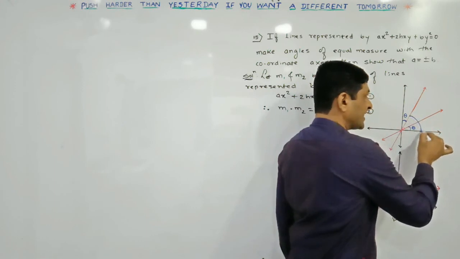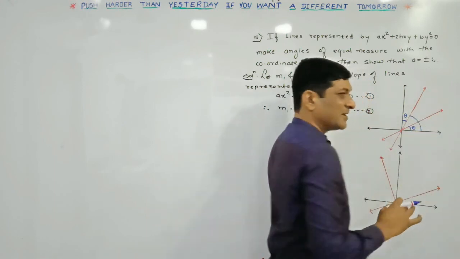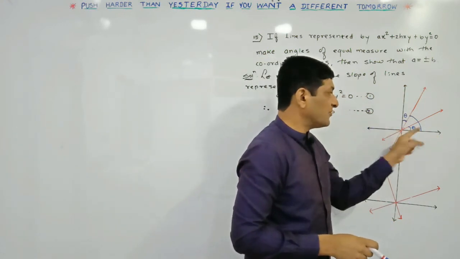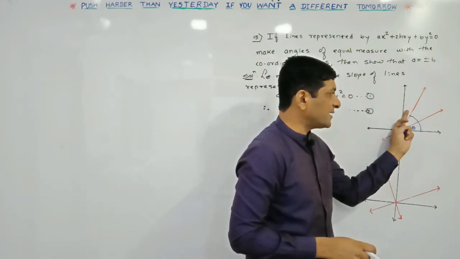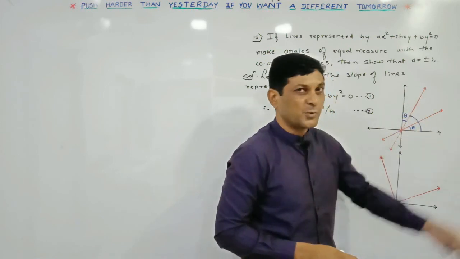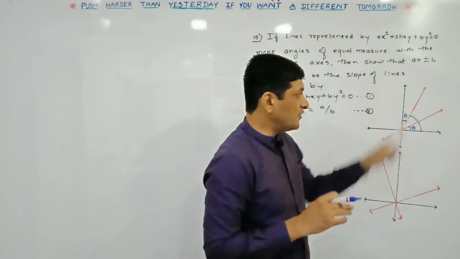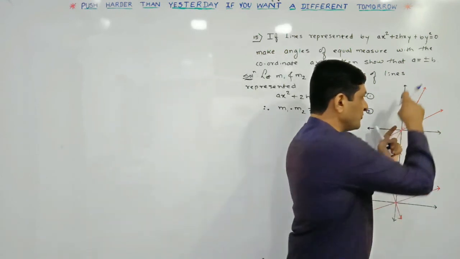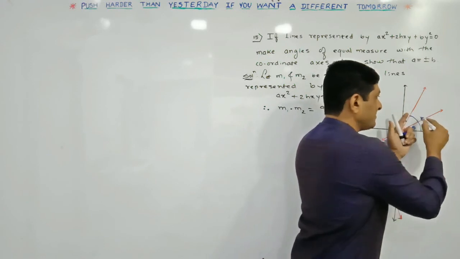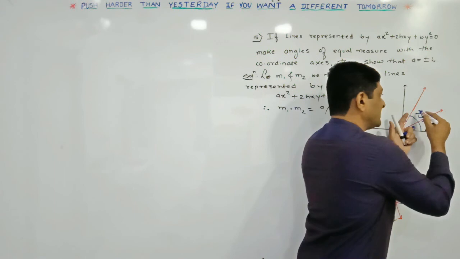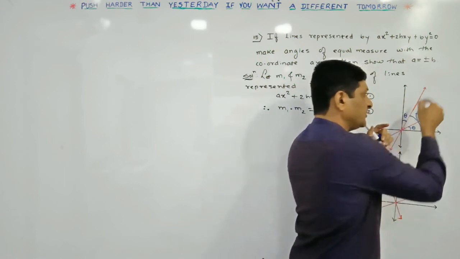Inclination means the angle made by the line with the positive direction of the x-axis. This total angle is 90 degrees. If we subtract theta from this 90 degrees, we get the inclination of this line. Now 90 degrees means pi by 2. So if we subtract theta from pi by 2, pi by 2 minus theta will be the inclination of this second line.